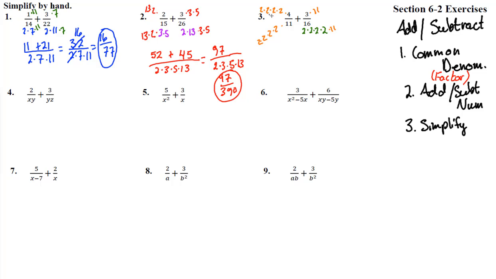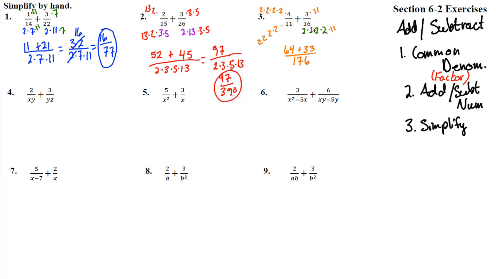And if you remember way back, we're timesing by the number 1. This 16 over 16 is just 1, and that 11 over 11 is 1. So we're just renaming the fractions so we can get a common denominator. So this becomes 64 plus 33 over 16 times 11 is 176.